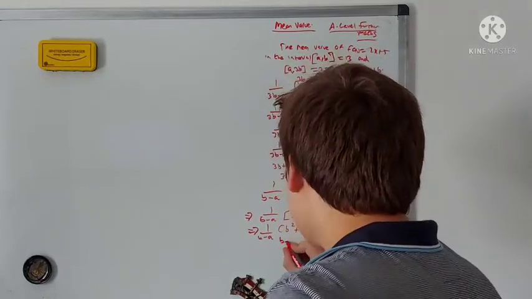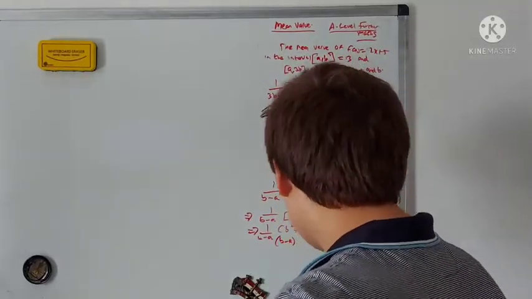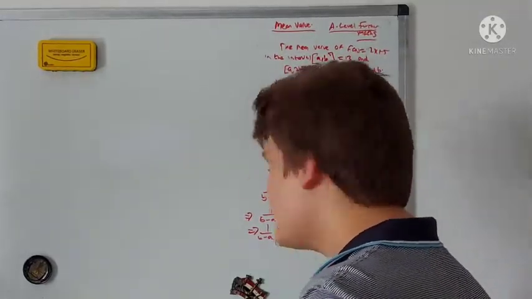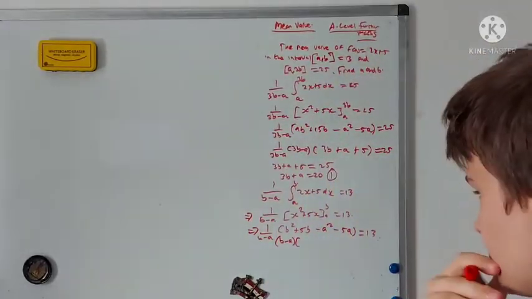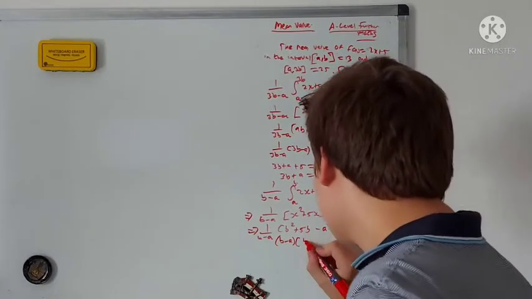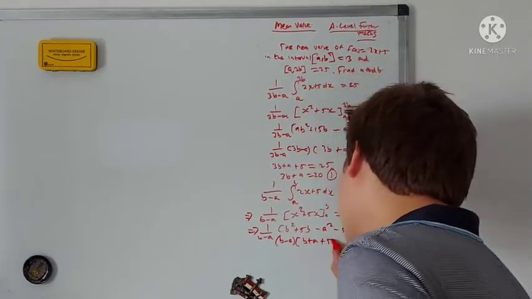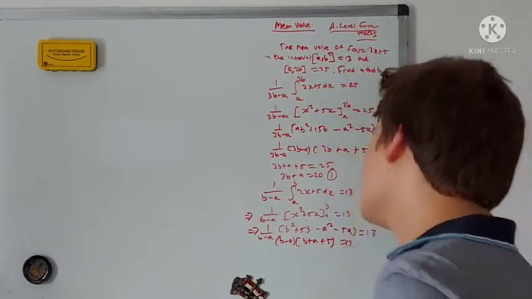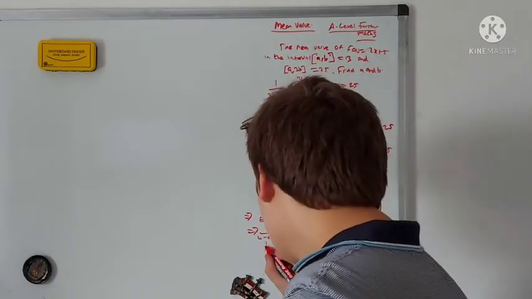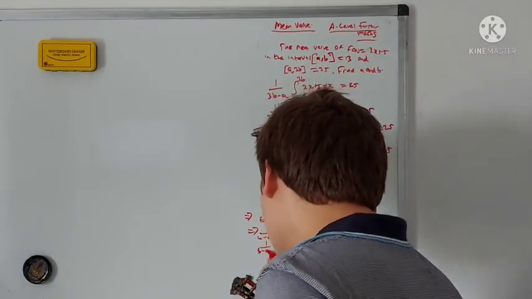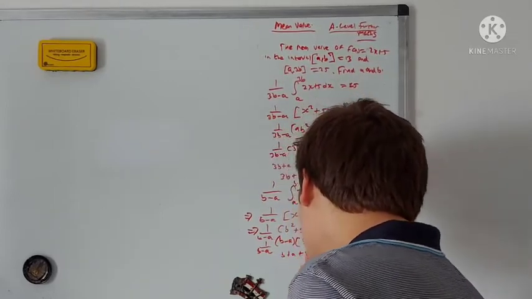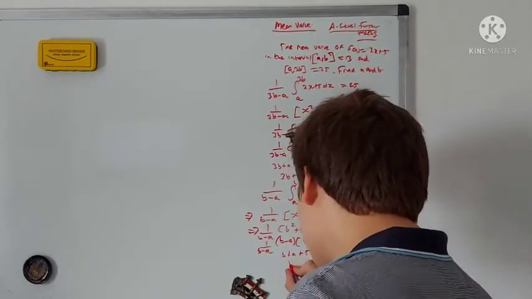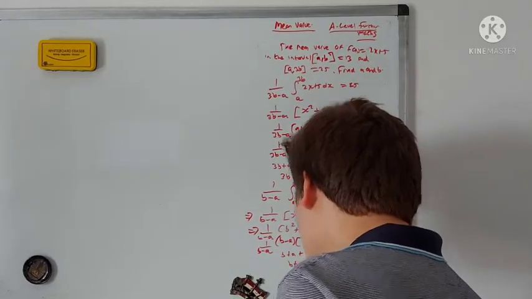But I have to bring out the b minus a factor again, so I'll get b minus a times b plus a plus 5, and that'll be equal to 13. And that 1 over b minus a will continue. So they'll cancel, so I get b plus a plus 5 is 13, so b plus a will be equal to 8.